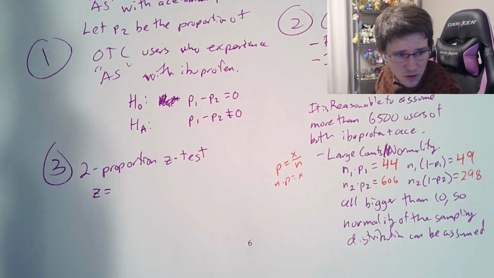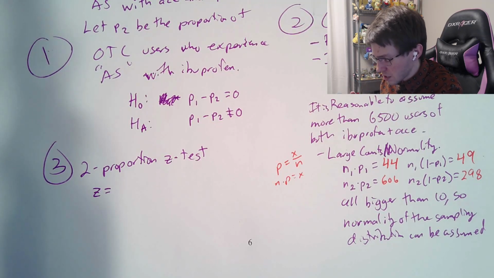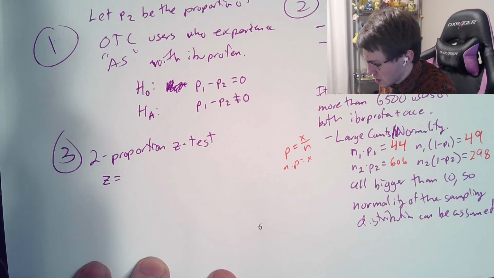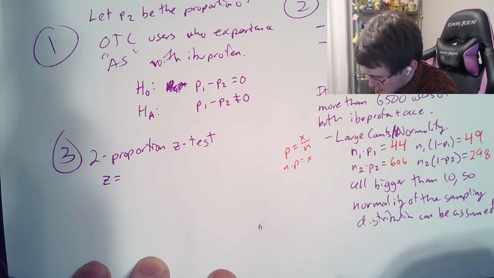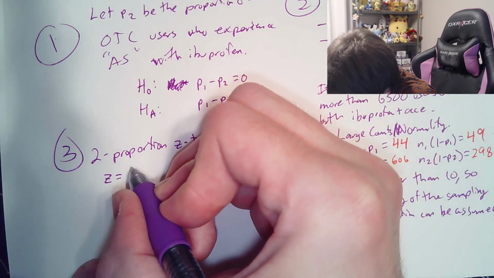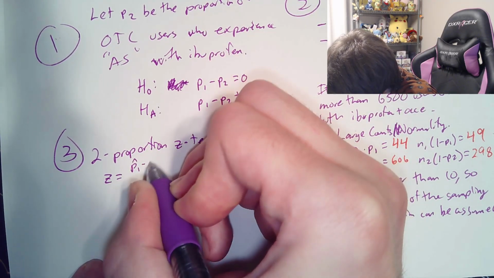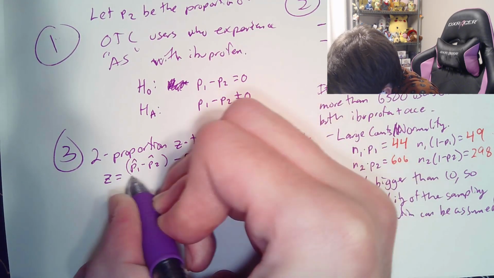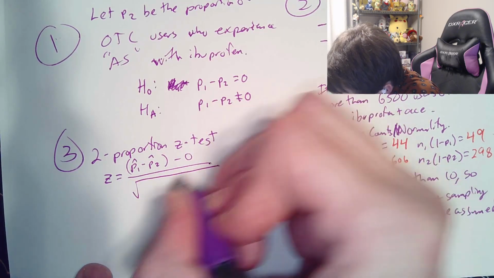We're going to write down exactly the same formulas we did before. As a reminder, this doesn't technically need to be written down, but it's a good habit to get into. So we're going to go P1 hat minus P2 hat minus 0 divided by our big, huge square root.